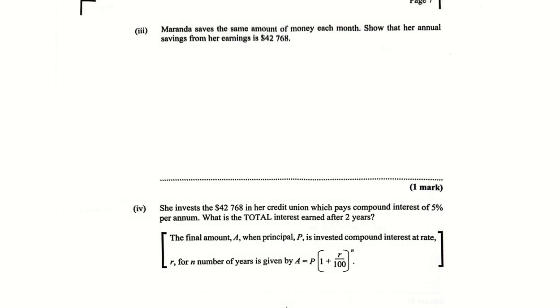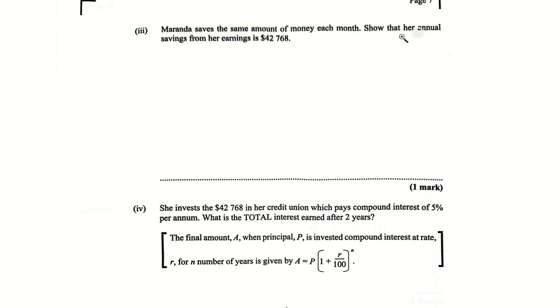Let's go on to the next question. Let me just zoom up. Miranda saves the same amount of money each month. Show that her annual savings is 42,768.